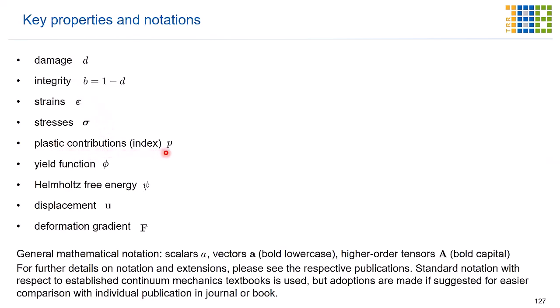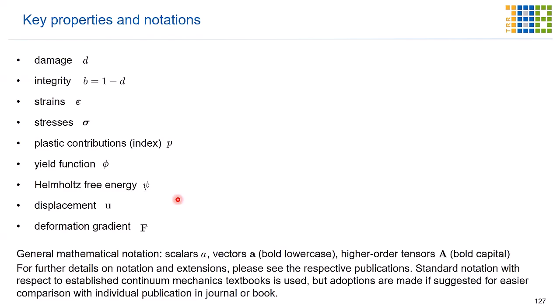Plastic contributions are usually denoted by the index P. The yield function that indicates the onset of plastic flow is phi. The Helmholtz free energy psi here is very often used for models in the continuum mechanics community because that energy has some mathematical advantages for the descriptions, amongst other things.